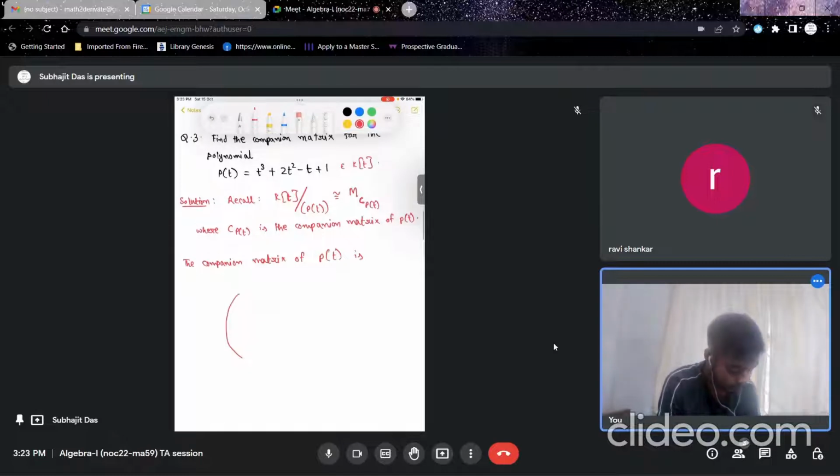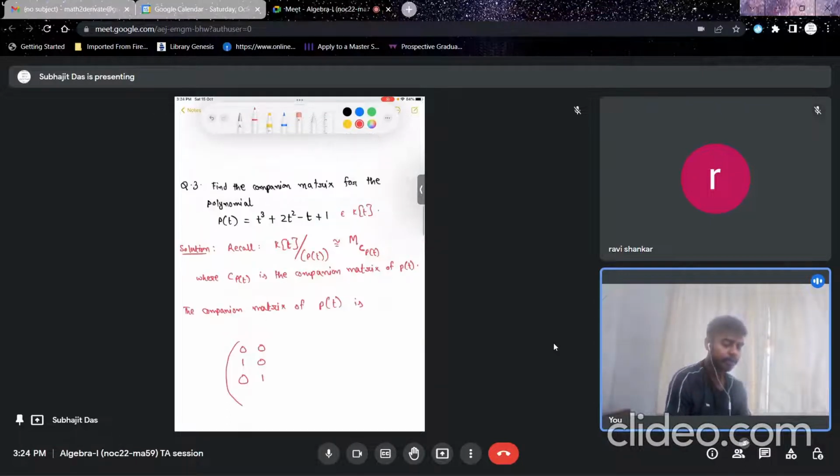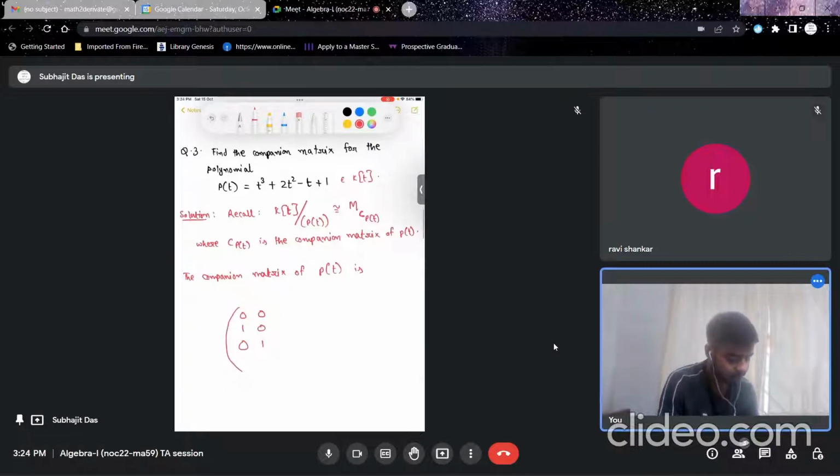So you take 0 1 0, then 0 0 1, and finally you write the coefficients of the given polynomial in reverse order. The constant term, which is 1, you write its negative here, then the coefficient of t is -1, so minus of -1 is 1, and then the coefficient of t squared is 2, so you take its negative again, so -2, right?